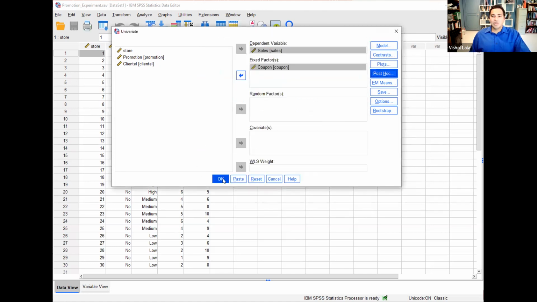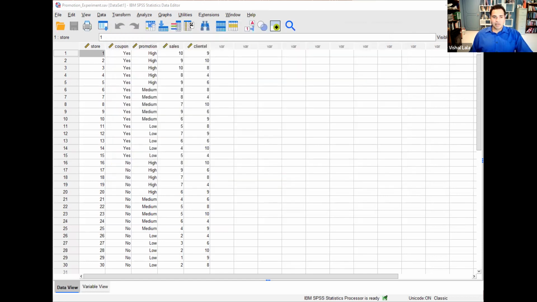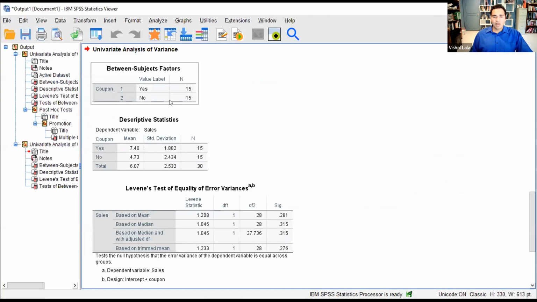Right. So with just this setup, I'm going to hit OK, and we'll take a look at the output that emerges from running this analysis. Here we see that 15 stores had a coupon promotion, 15 didn't. And sales in these stores were 7.4 and 4.73 units.